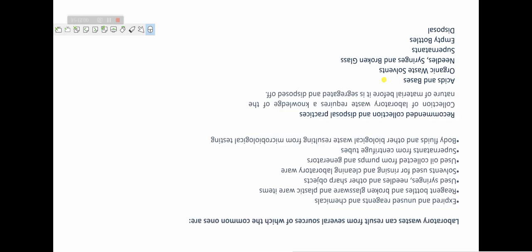For the needles, if the patient has HIV, we cannot throw it in the dustbin directly. We should always disinfect it, right? And supernatants, we will dispose of them in a different one. And empty bottles, right? So these are the ways we are going to dispose of them.